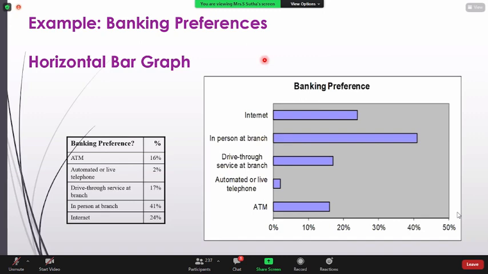The percentage says what percentage of the customers preferred ATM, automated or live telephone, drive-through service at branch, and in-person at branch. Similarly, percentage measures what percentage of the customers prefer each banking method. So now the question is, what are the measurements of the variable, the banking preference?